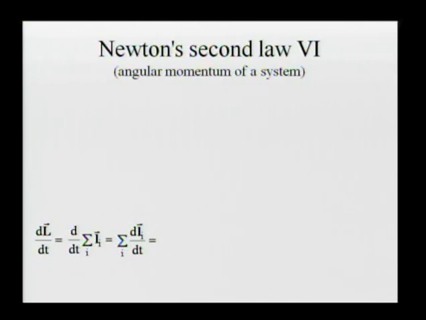Now, where did I get this from? Instead of having the derivative of the sum, I wrote that it's the sum of derivatives. It's a mathematical property of the derivative, correct. How did I get that one? That one is actually already a physical conclusion.